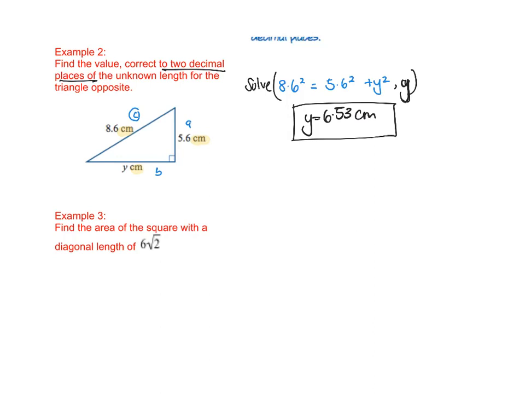Okay, find the area of a square with a diagonal length of 6 times square root 2. It's always good, if they haven't got a diagram, to draw a diagram for yourself. So you've got a square, and what they're saying is that the diagonal length is 6 square root 2. And now they're saying find the area of the square.